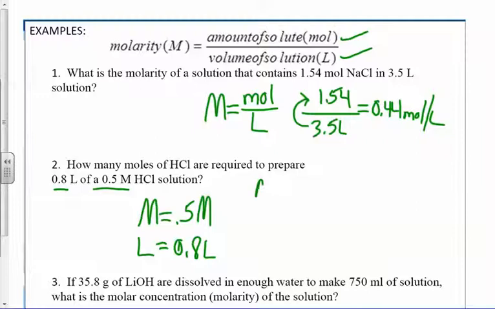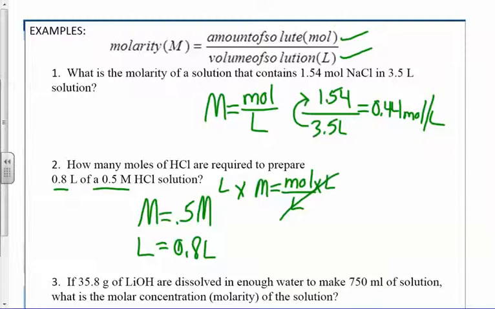And remember that our equation is moles per liter. So what we can do is multiply both sides by liter, so that we can eliminate the liters there and have moles on the side by itself. So we're solving for moles now.